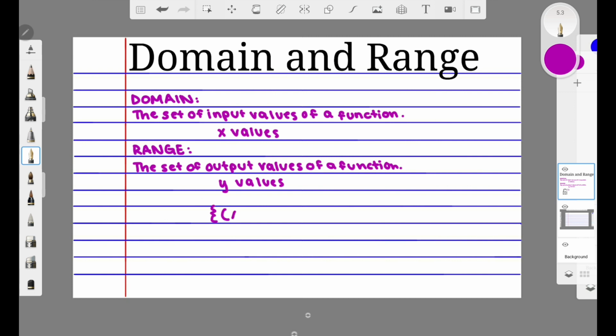For example, if we had (a, 20), (b, 30), (c, 40), and (d, 50). If that is our relation and we're asked to identify the domain of that function, we make a set of all our input values: a, b, c, and d.